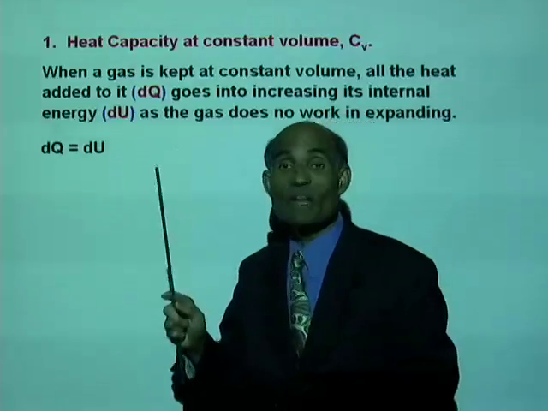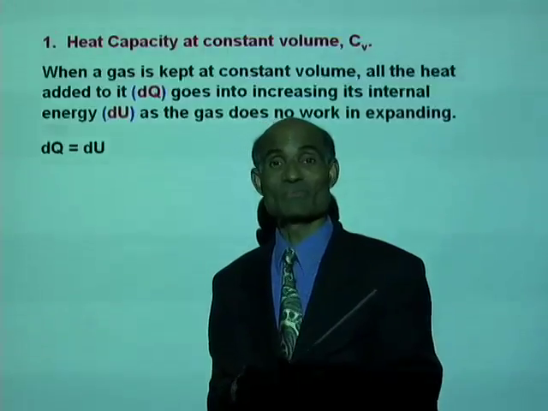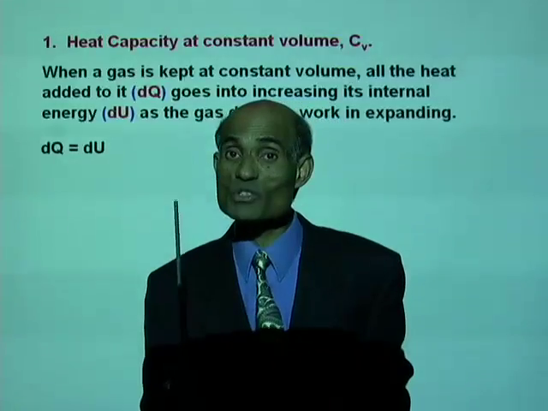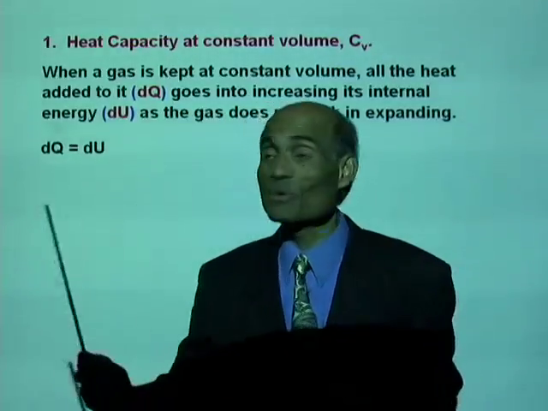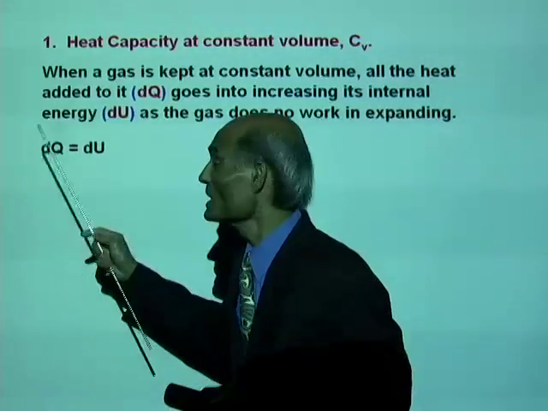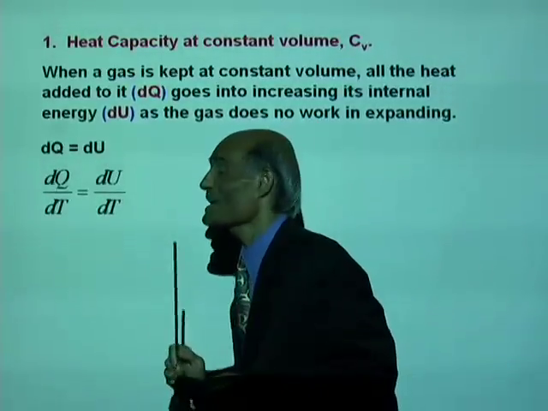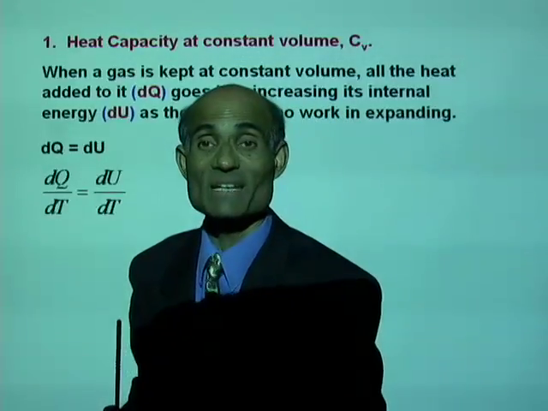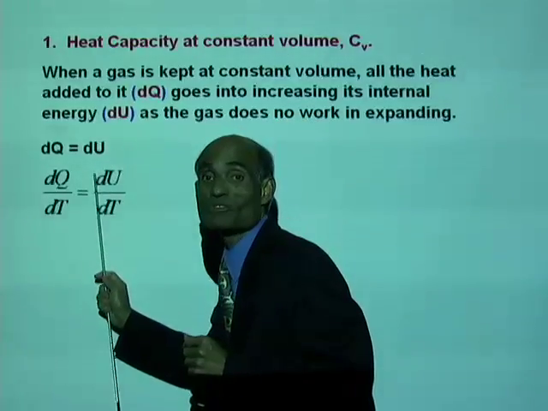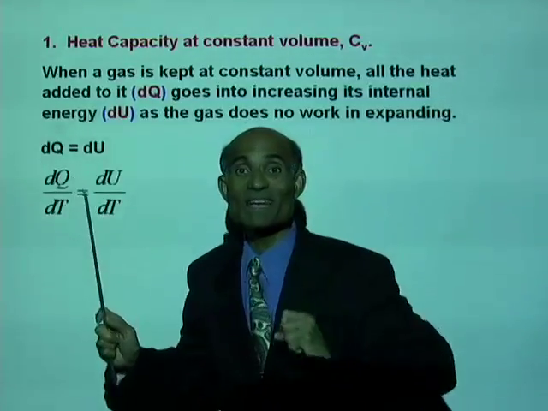Therefore, we can say when the gas is at constant volume, dQ equal to dU. And therefore, what is the definition of heat capacity at constant volume? It will be dQ over dT. That is the basic definition of heat capacity. Therefore, dQ over dT is the same as dU over dT. So, heat capacity at constant volume is a measure of the increase in internal energy per Kelvin rise in temperature.